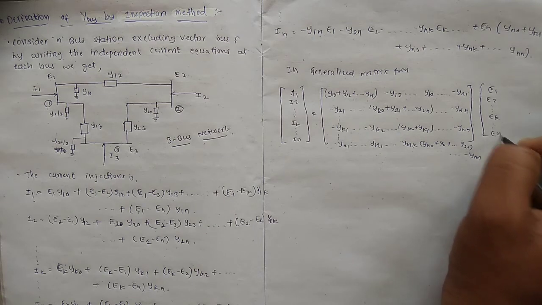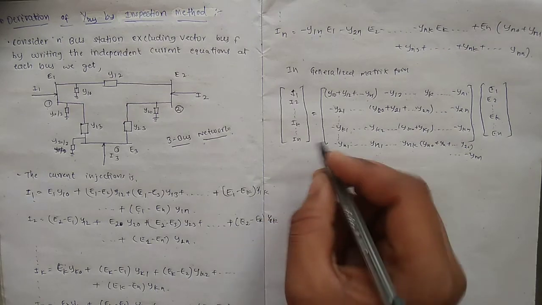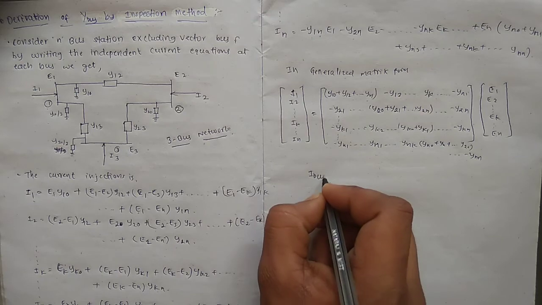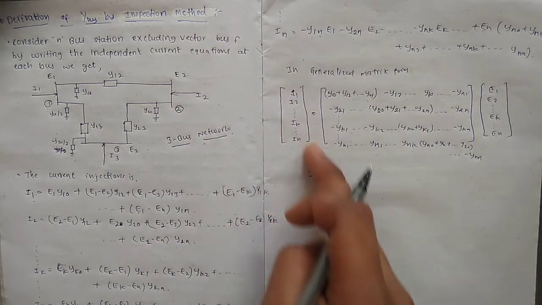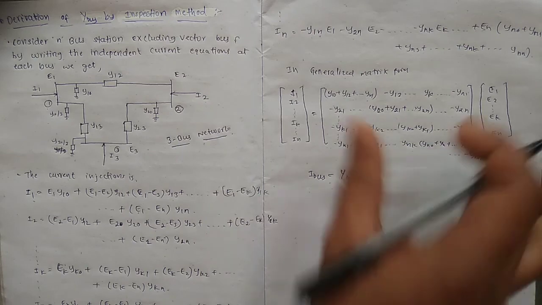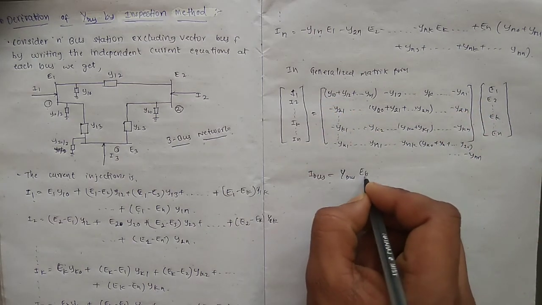The equations we wrote in matrix form, overall, we simply write as I bus equals Ybus into Ebus.